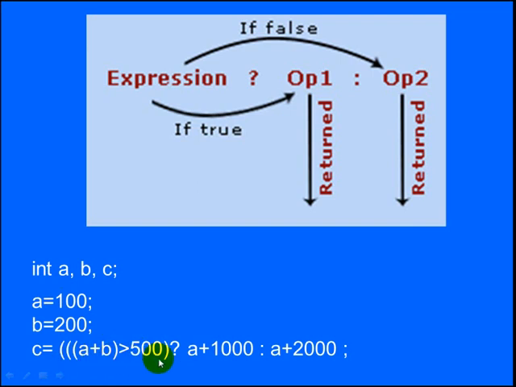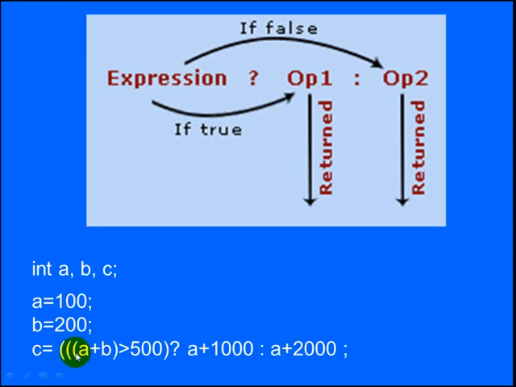So it is evaluating to false. If it is false, then the expression that we have written after the colon symbol gets evaluated and assigned to C. So A is 100, 100 plus 2000 equals 2100. That will be the value of C.